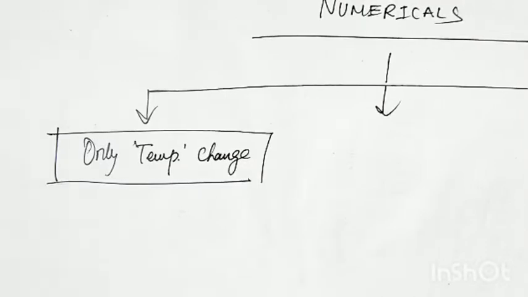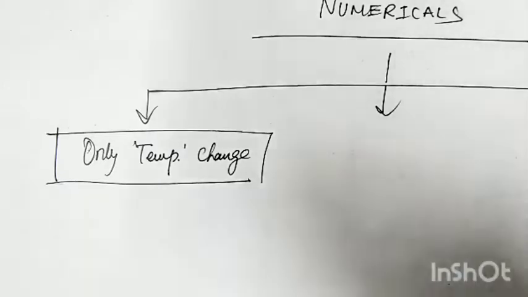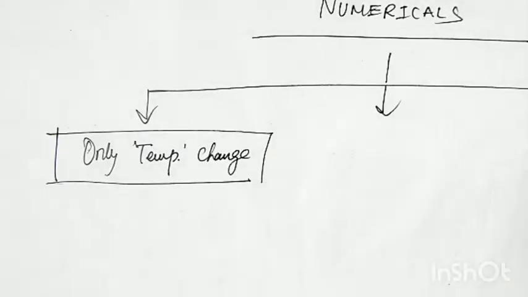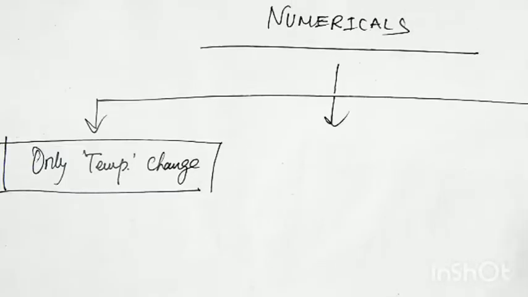Clear? That means if you are dealing with ice, we just change the temperature from -5 to -10 degrees centigrade, but there is no change of phase. Clear? The next group of numericals are where phase transition happens, meaning a solid becomes a liquid becomes a vapor.